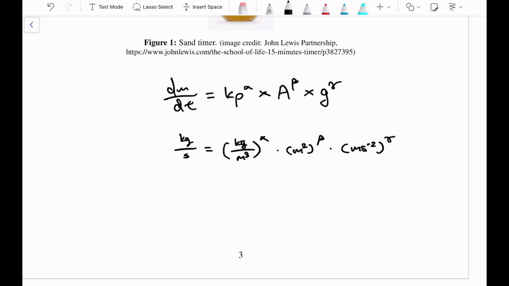There is already m cubed, and then there's m squared, and m over here, so the m is already canceling out each other. However, the problem is that there's s to the power of minus 2. So what we want is to cancel out another unit of second.